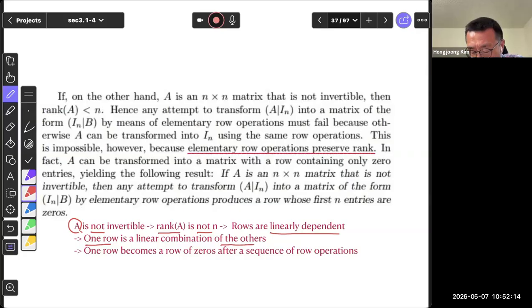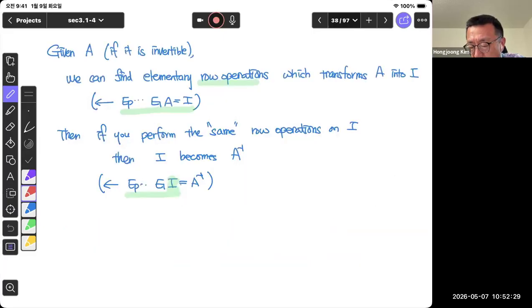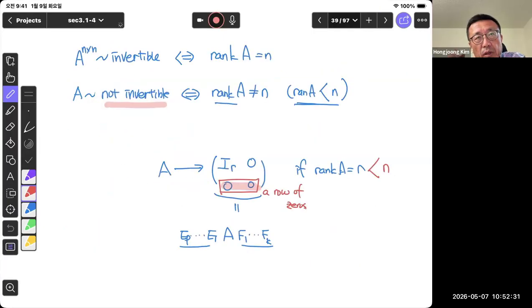That means one row will become a row of zeros after a certain sequence of elementary row operations, right? So that's what I explained here. So if your A is not invertible, so that the rank of A is strictly less than n, then you will see a row of zeros after certain row operations.